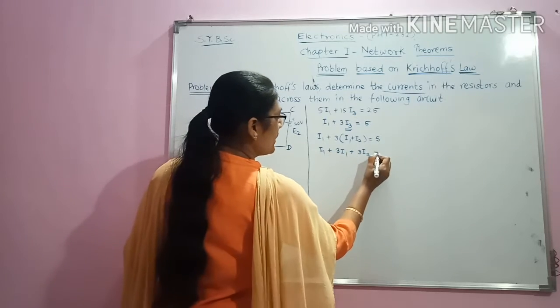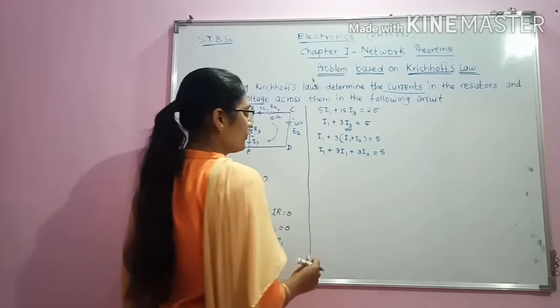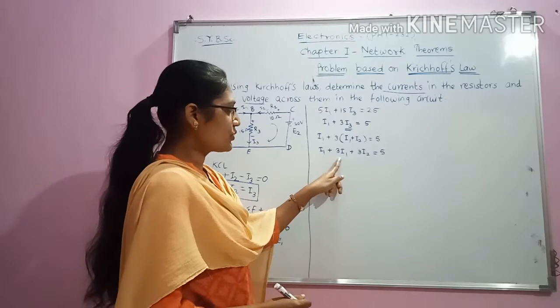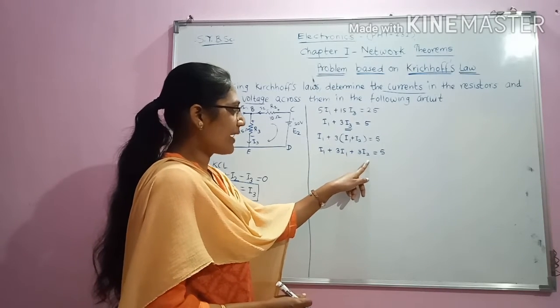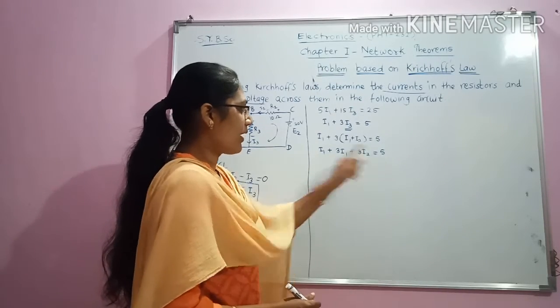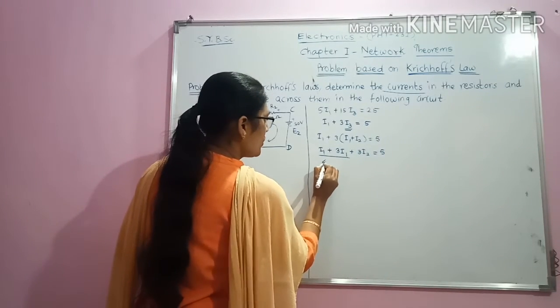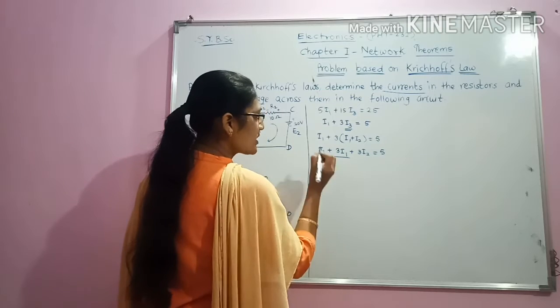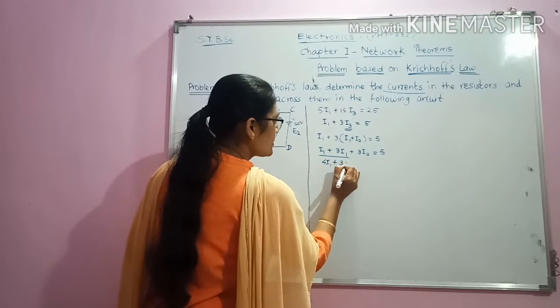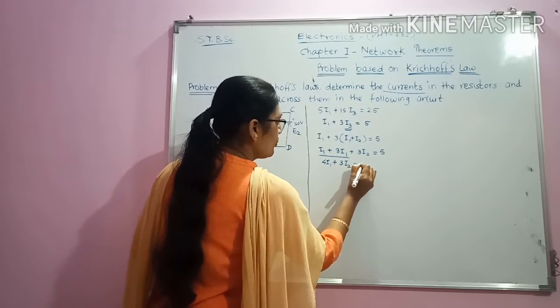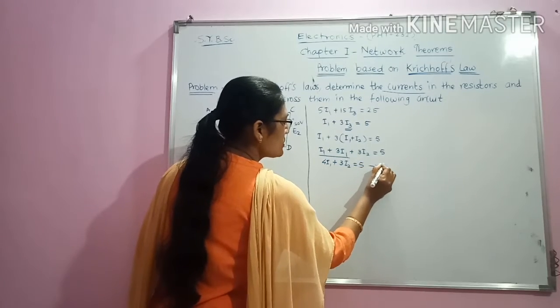So I1 plus thrice of I1 plus thrice of I2 is equal to 5. Adding these, it gives us 4 times I1 plus 3 times I2 is equal to 5. This is our first equation.